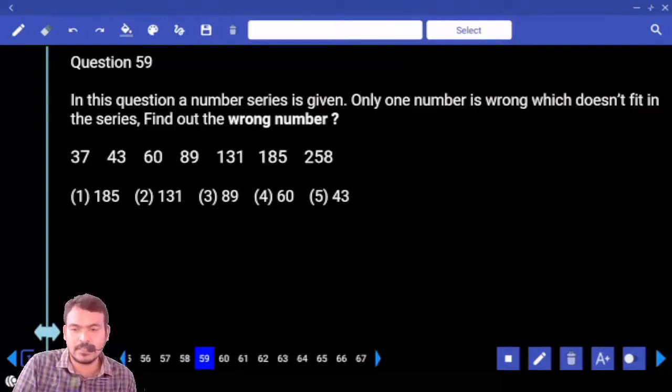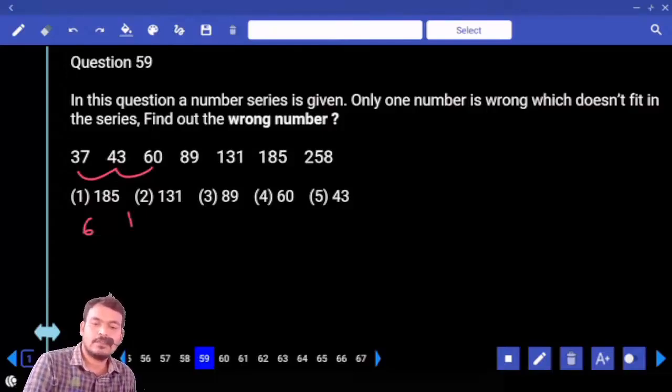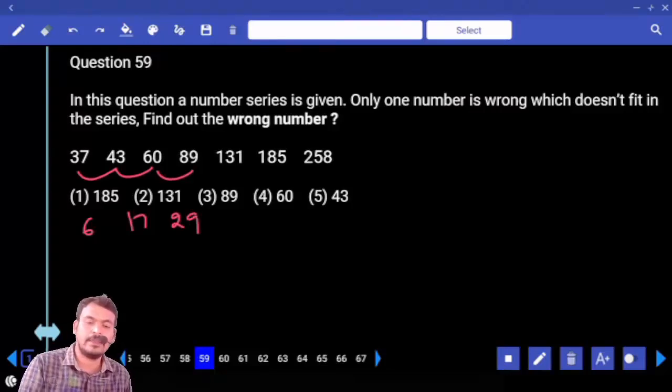Next, question number 59. 37, 43, 60, 89, 131, 185 and 258. What is the first difference? 6. Second one? 17. Next one? 29.